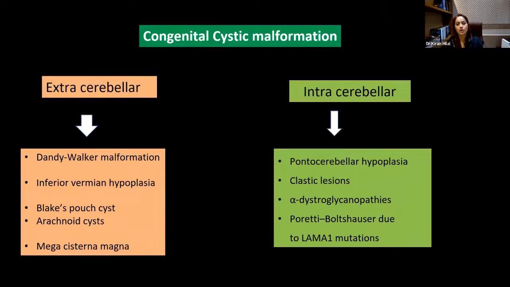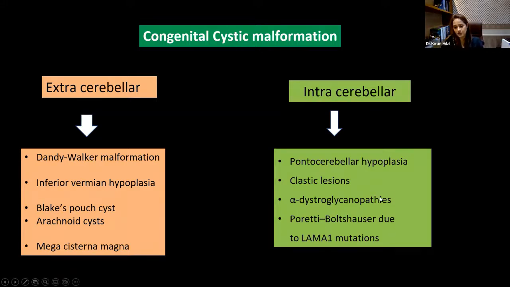So let's focus on the congenital cystic malformations. We have the two types, as I said, extracellular and intracellular. If you talk about the intracellular one, we have pontocerebellar hypoplasia or any cerebral insult in prenatal life, such as ischemia or cerebellar hemorrhage, or, for example, genetic abnormalities such as the dystroglycanopathies.